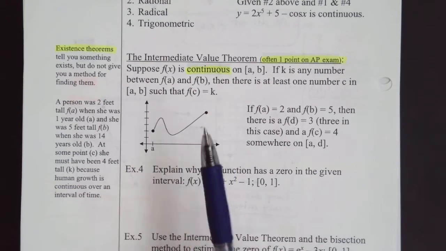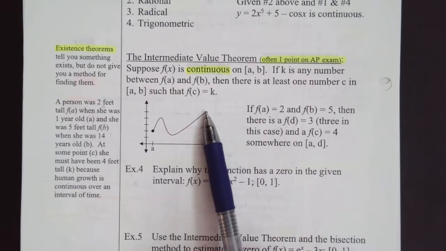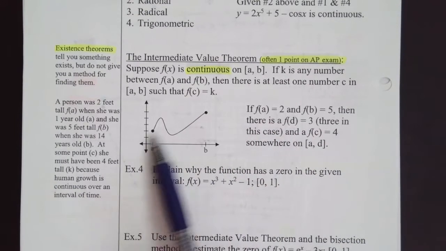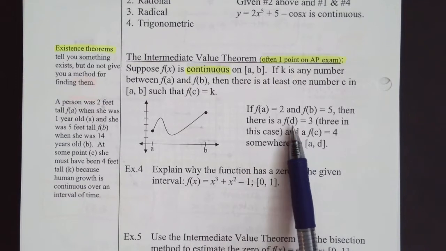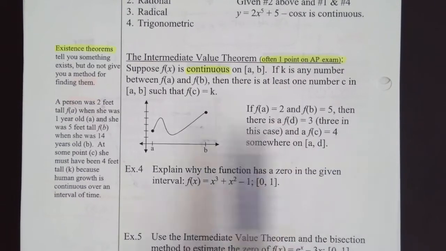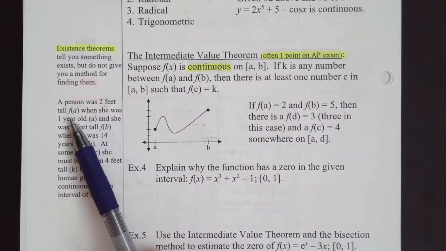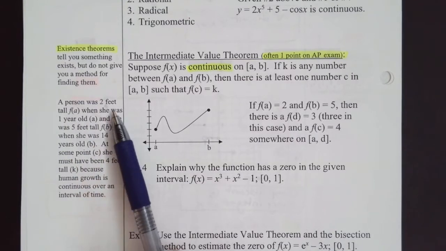All right? If f of a equals 2 and f of b equals 5, then there has to be some place in between there where it equals 3. If it went from 2 to 5, it had to be 3 somewhere. So here's an example in real life. A person was 2 feet tall when she was 1 year old.